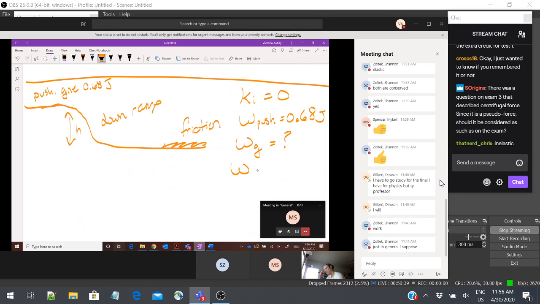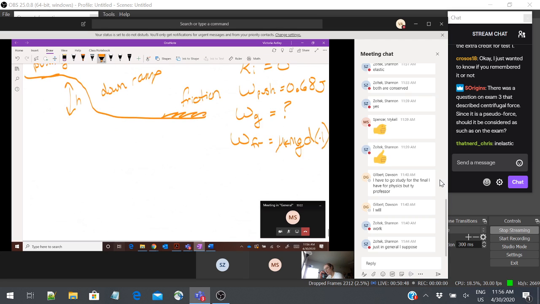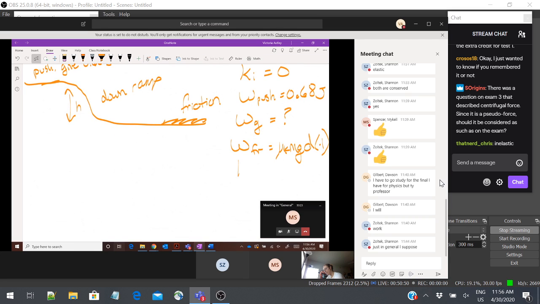The work done by friction you can work out: mu K, mg, distance, times -1. And you know that your Kf is also 0. So work push plus work gravity plus work friction equals 0 minus 0. You know this, solve for that.